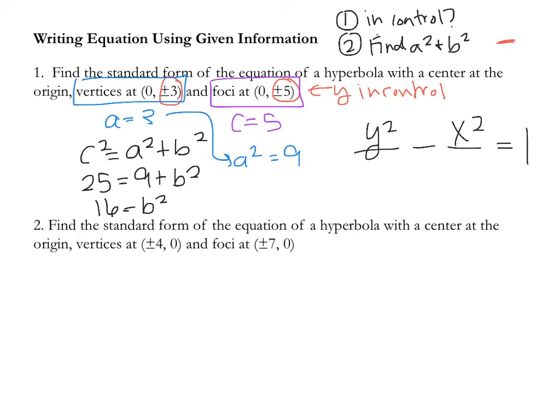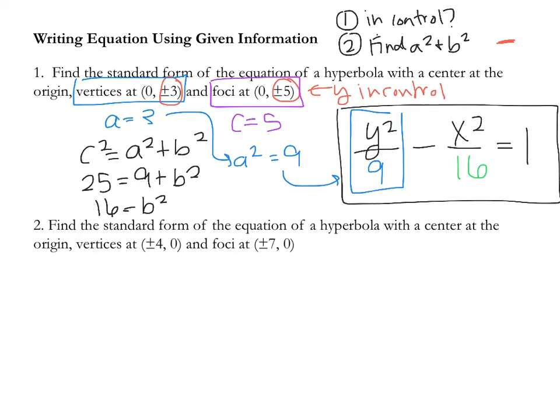And then a is always going to go with the first fraction. So it's not the bigger number that goes with what's in control. It's always a that goes with the first fraction, and the first fraction is going to have the letter that's in control. So 9 is going to end up here, and then the 16 will end up under the x squared. So this right now is your answer. But again, a squared goes with the first fraction, and the first fraction has the letter that's in control. So that's how you partner things up for the hyperbola.